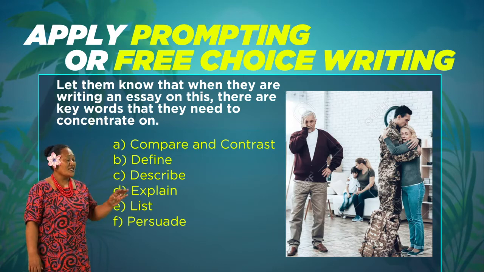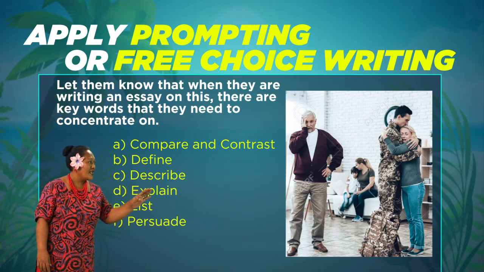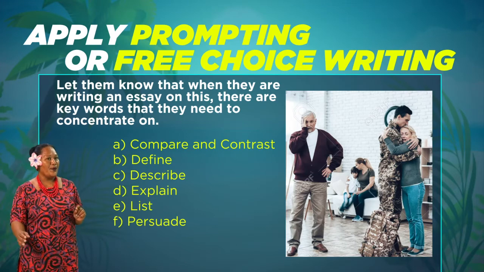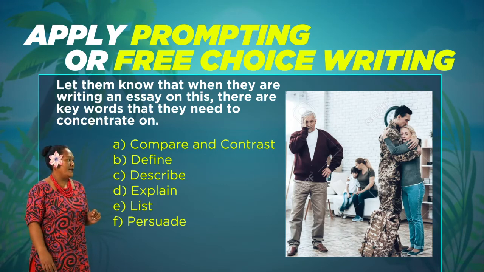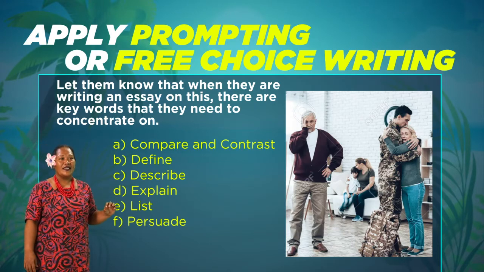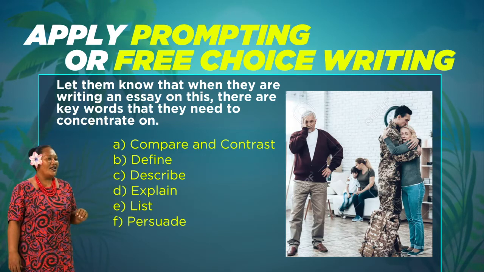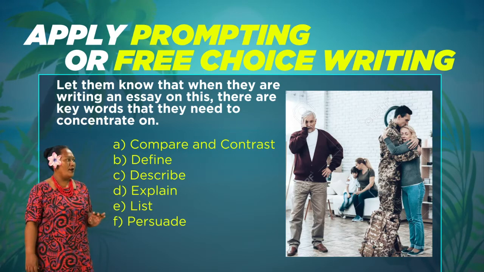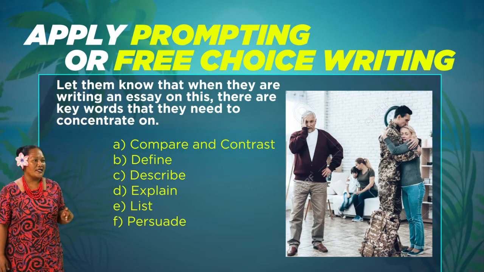Let your students compare and contrast a sad event there with any other event, for example, a birthday event. Let them define what is happening in the scene. Let your students describe what they see in the picture as a result of a sad event.